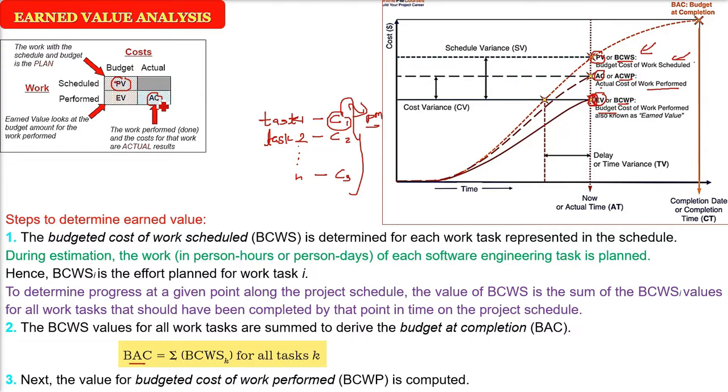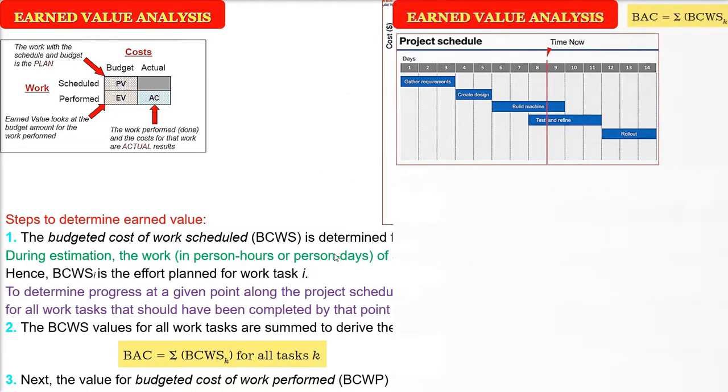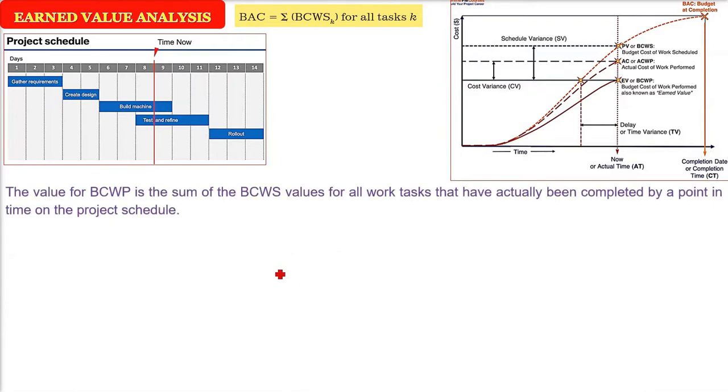But here we are trying to find out BCWP, that is the EV, which is the earned value. This is looking at the budget amount for the work performed. So the value of BCWP is computed just like BCWS, and BCWP is the sum of these BCWS values for all work tasks that have actually been completed by a point in time. You want to find out at a certain time, which are actually completed.